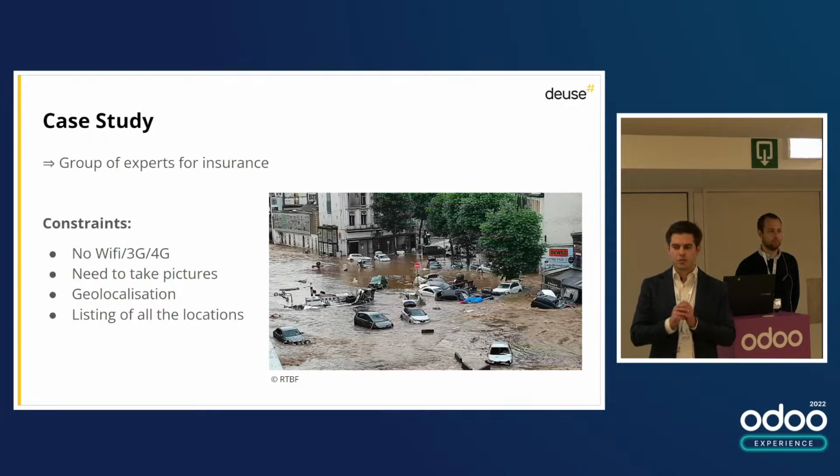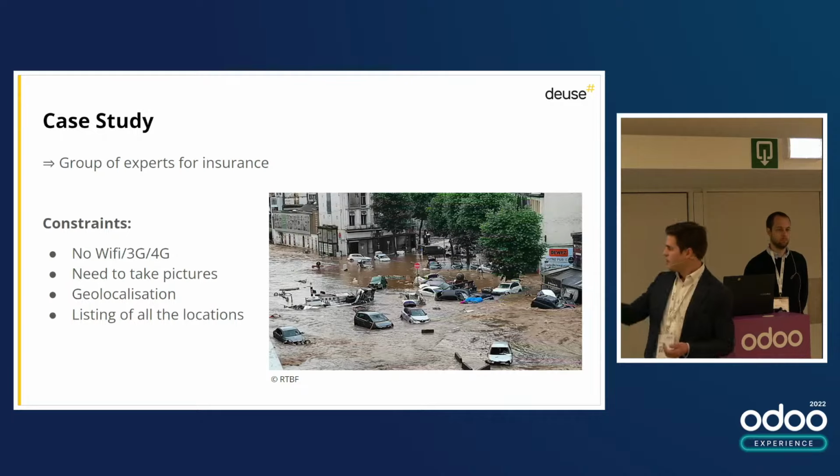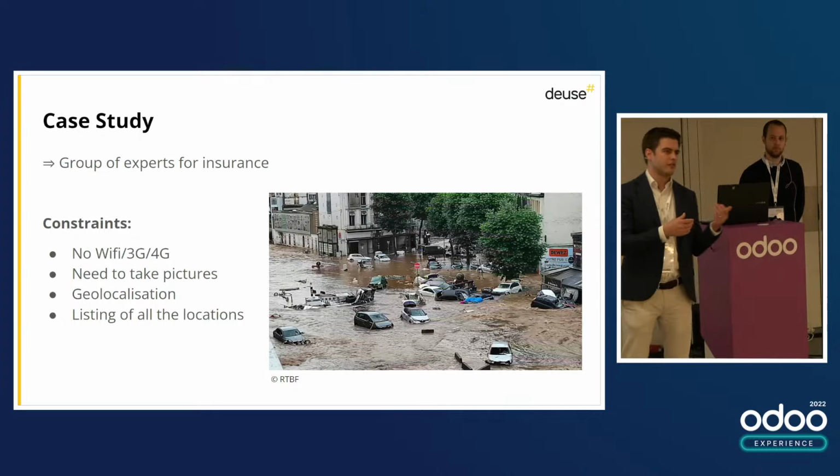We made an app where an expert had all the locations he needed to visit, and where he could easily take photos and upload them when he had Wi-Fi, because with a flood like that, you have no Wi-Fi, no 3G, no 4G, every utility pole is swept away, so you cannot access internet. The app was made so that they could take pictures, make annotations on the pictures, and send them to the back office.